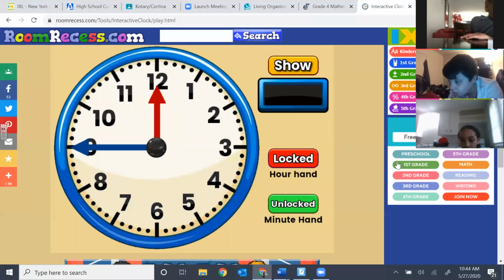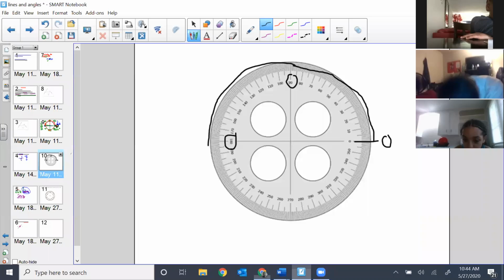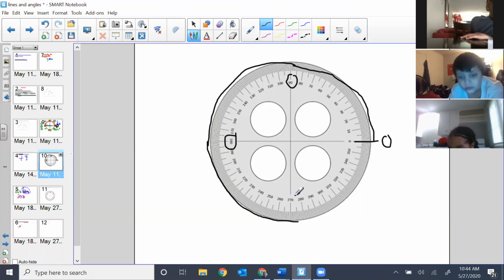What is my degree measurement for how much turn I made? I did 1 quarter, 2 quarters, and now a third quarter turn. It's 270. A 3 quarter turn will always be 270 degrees.